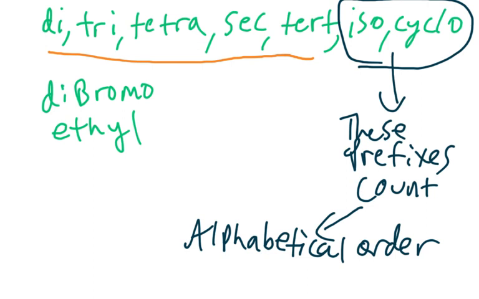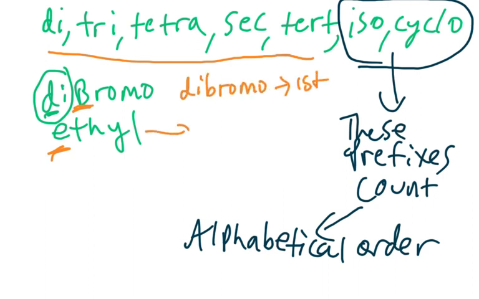It would be dibromo, because the D in the prefix di does not count alphabetically. So what you're actually comparing is B and E. In this case, B comes before E, so you would put dibromo first, and then you would put ethyl second when naming a compound.